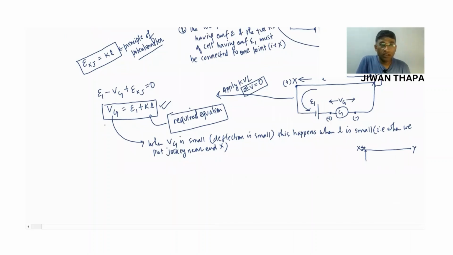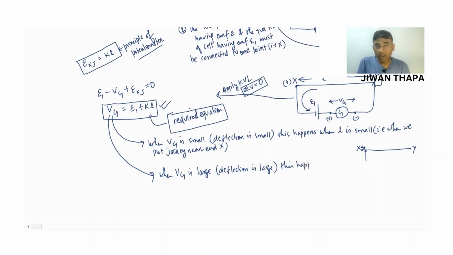Next, when Vg is large, that is deflection is large. So this happens when L is large. When L is large, then Vg is large, meaning that deflection is large.